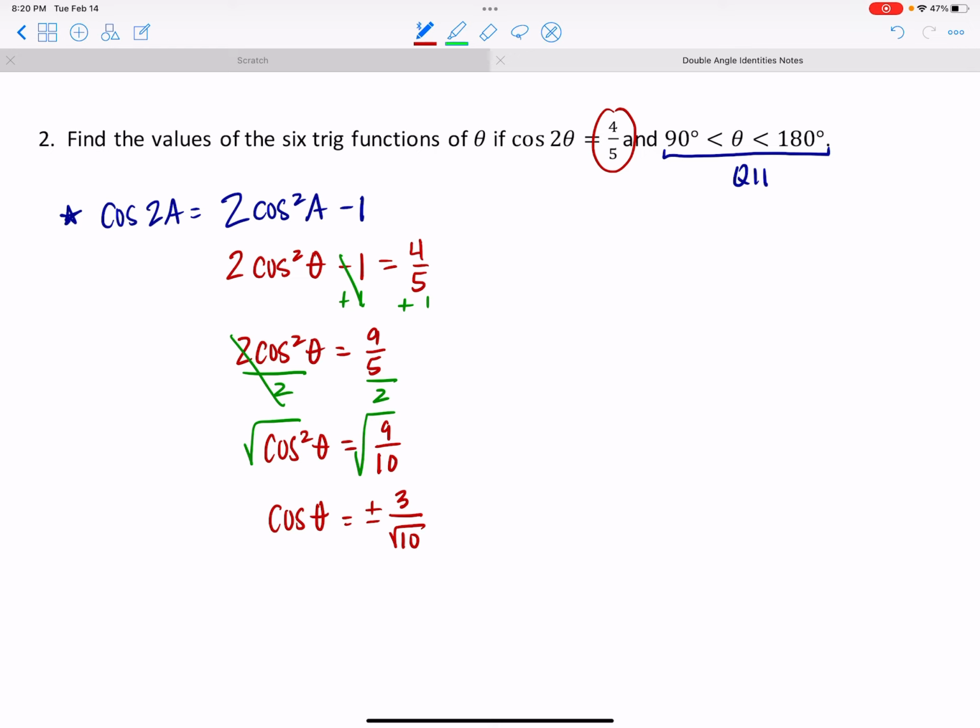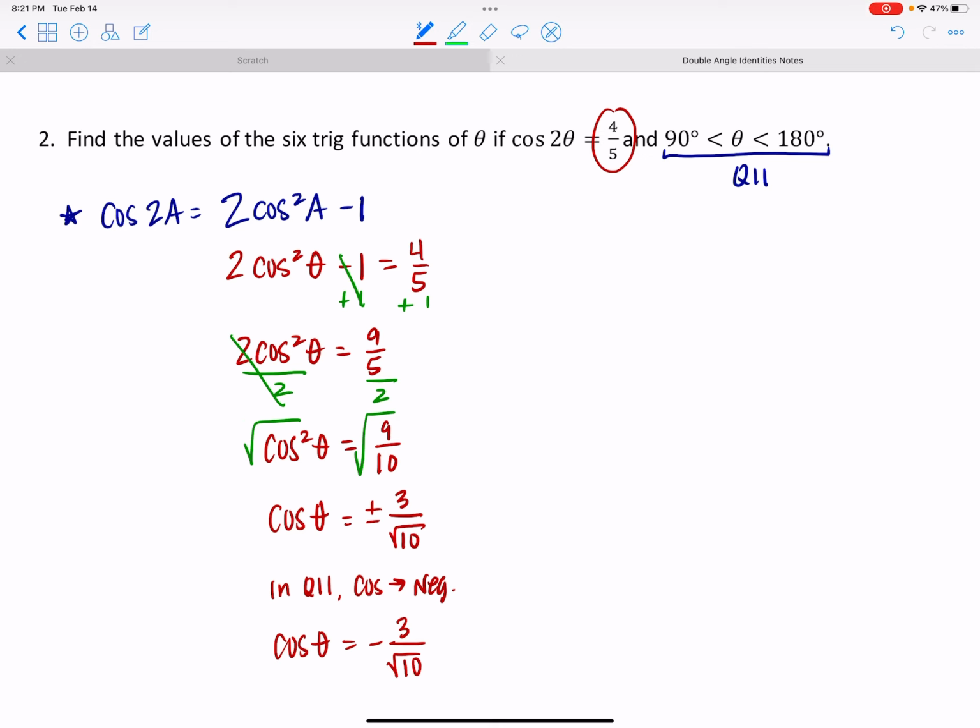Because we need to decide, are we going to keep the positive or negative version? Now remember, we're in quadrant 2. In quadrant 2, our cosines, our x values, are negative. So in Q2, cosine is negative. So we're going to say the cosine of our angle is a negative 3 over radical 10.